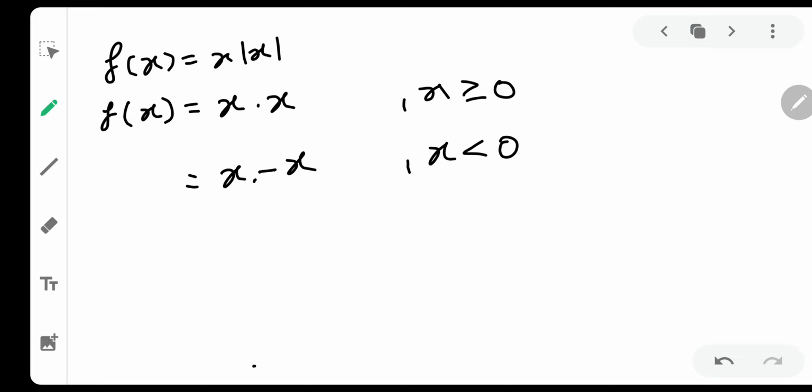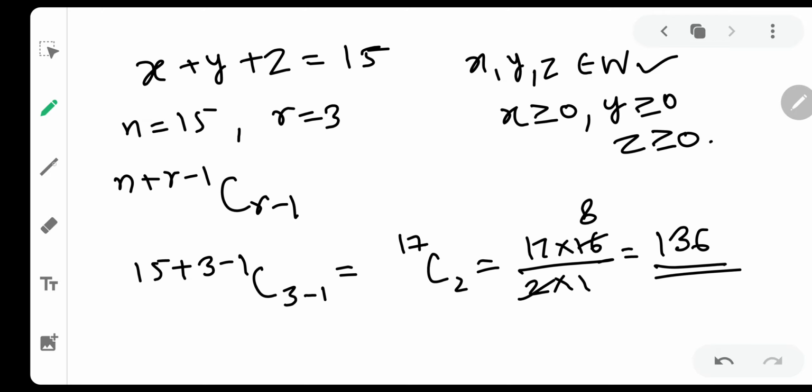Quite obvious, right? If x is positive, mod opens positive. If x is negative, mod opens negative. So x mod x will turn into x square over here, and x into minus x will turn into minus x square over here. So this is our function. We need to draw the graph of it. Again very simple. So let us draw the graph.